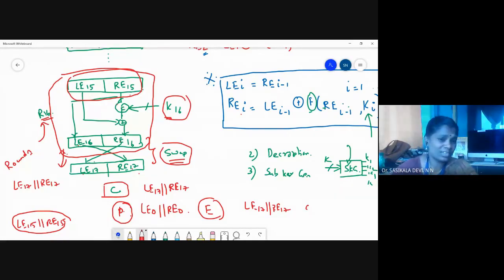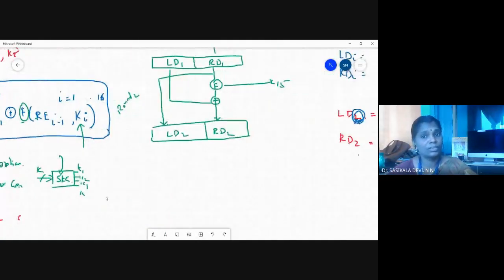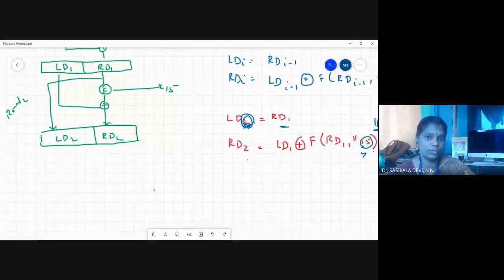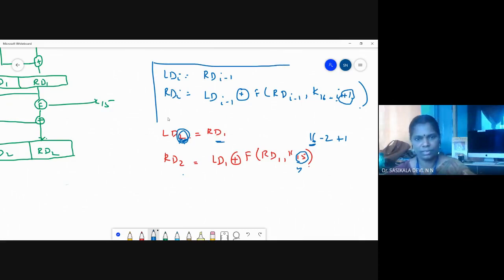Let's check it out, because whatever we are doing in the substitution permutation structure should be verified using linear equations. To verify this, two equations are mandatory. Take these two down. The first: LDi is equal to RDi minus 1, and RDi is equal to LDi minus 1 XOR F of RDi minus 1, K16 minus i plus 1.